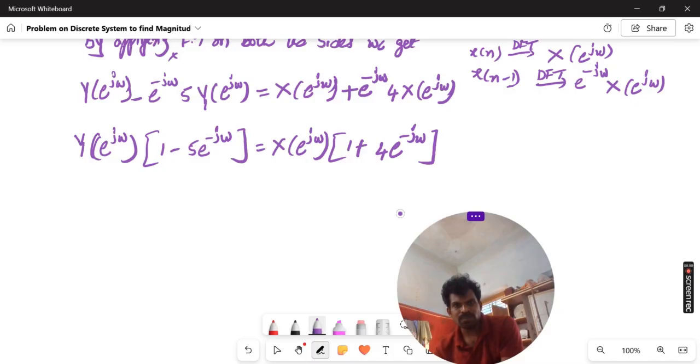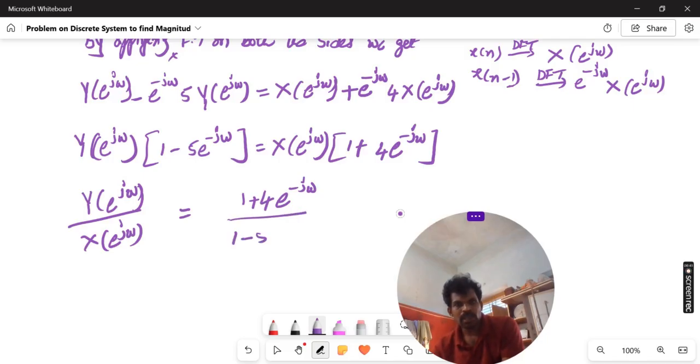From this, let us write down the transfer function. That is the ratio of Y of e power j omega by X of e power j omega, which is equal to 1 plus 4 into e power minus j omega divided by 1 minus 5 into e power minus j omega.